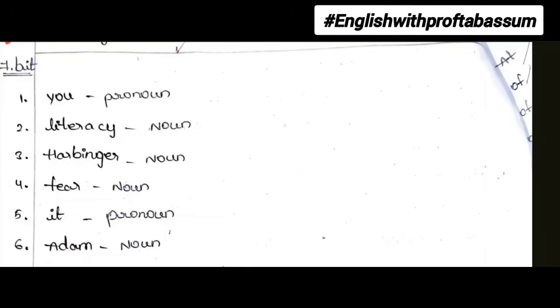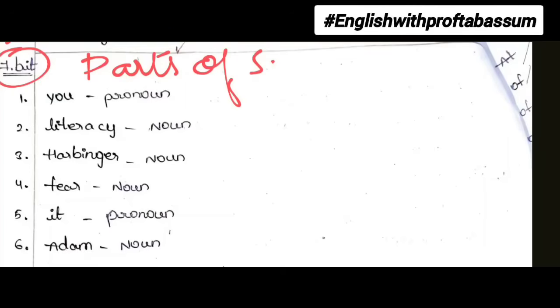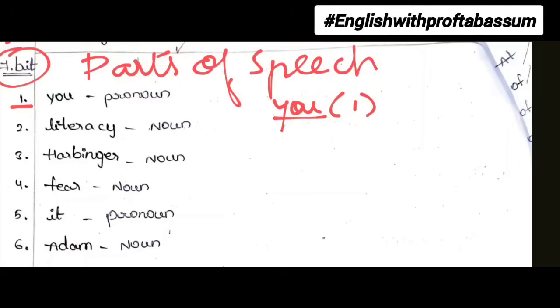Now moving on to bit number 7, that is parts of speech. So parts of speech usually comes in the form of a paragraph and one word is underlined and beside that in the bracket the number is written. So first write bit number 7, then number 1, then write the word you and then the answer, that is pronoun. So in the exam they'll be given a bracket, number 1 is written and the word underlined, that is you.